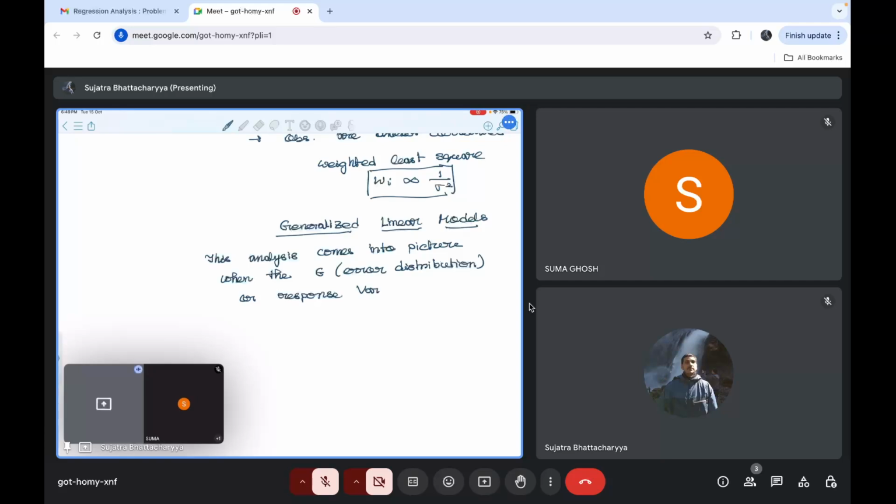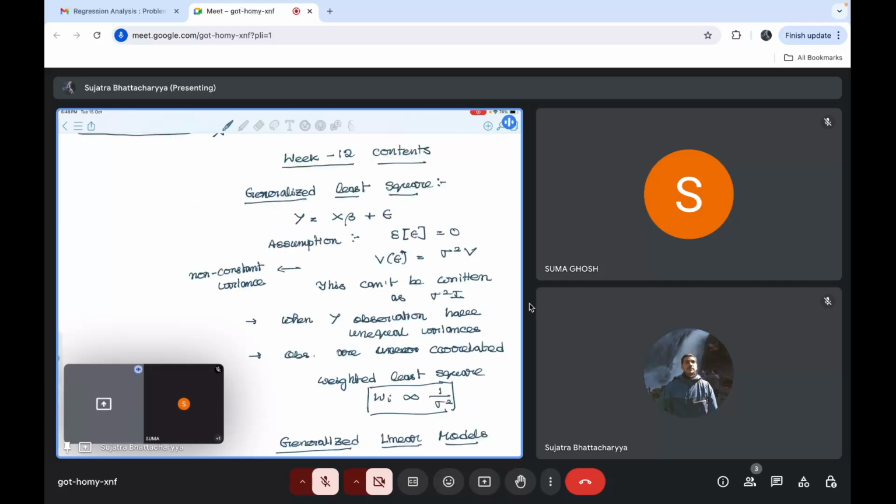because whatever distribution the error has, since there is a linear relationship here, x beta plus epsilon, the same will be the distribution of y, because x is not a random variable.